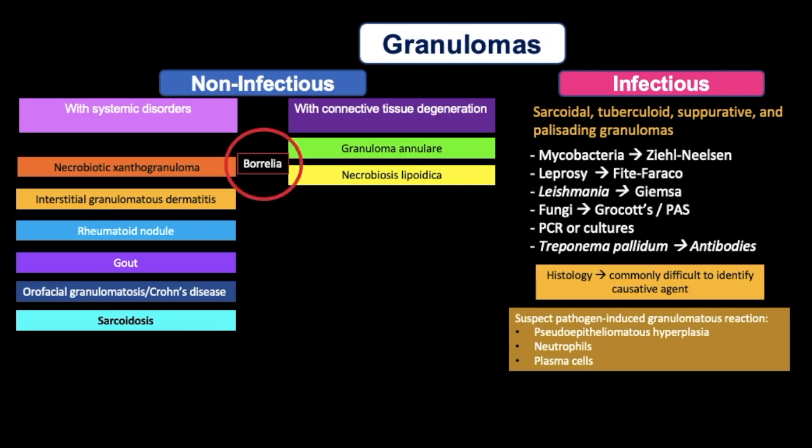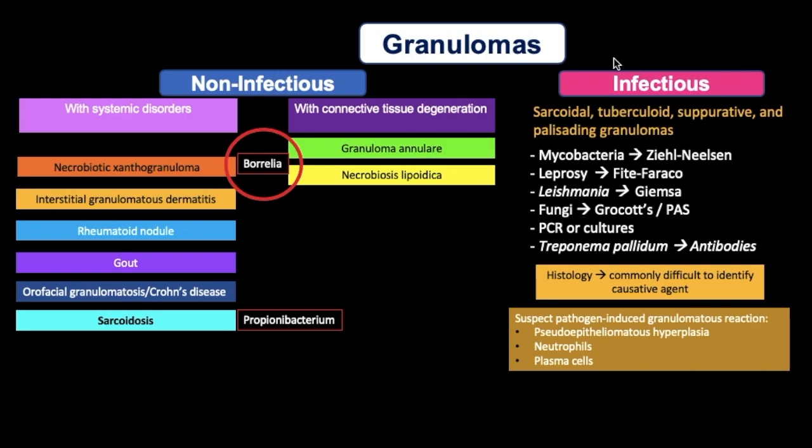Research found that Borrelia is involved in granuloma annulare, necrobiosis lipoidica, and necrobiotic xanthogranuloma. And also Propionibacterium is involved with sarcoidosis. So as far as we know, those are the only two agents involved in non-infectious granulomas, and that's why you see sarcoid and palisading granulomas listed as infectious.